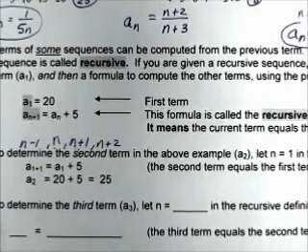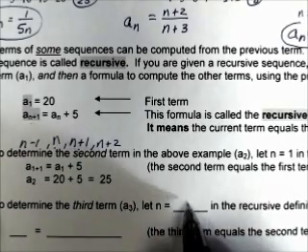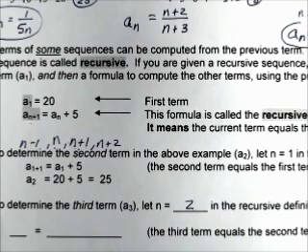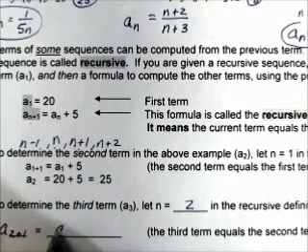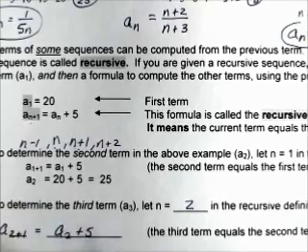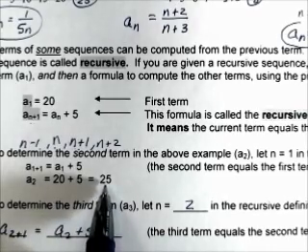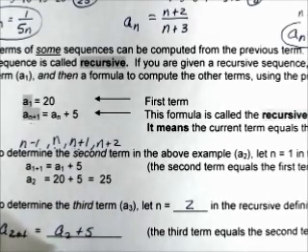To determine the third term, a sub 3, let n equal 2 in the recursive definition. Then we have a sub 2 plus 1 is equal to a sub 2 plus 5. And a sub 2, our second term, is 25. So that's 25 plus 5, which is 30.